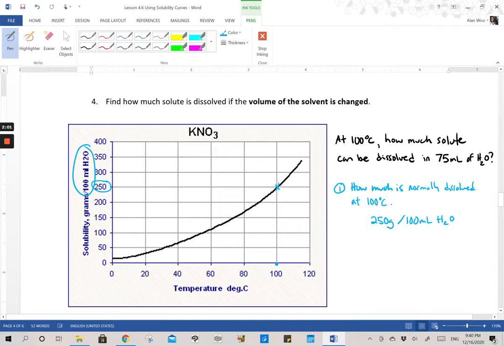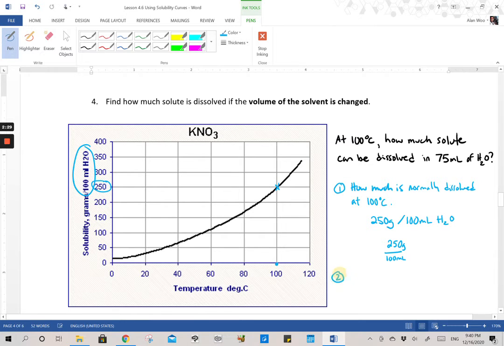Now, this can be written in a different way. You can write this as 250 grams over 100 milliliters. It's the same thing. Now, I show you this because we're going to set up a proportionality in the next step.